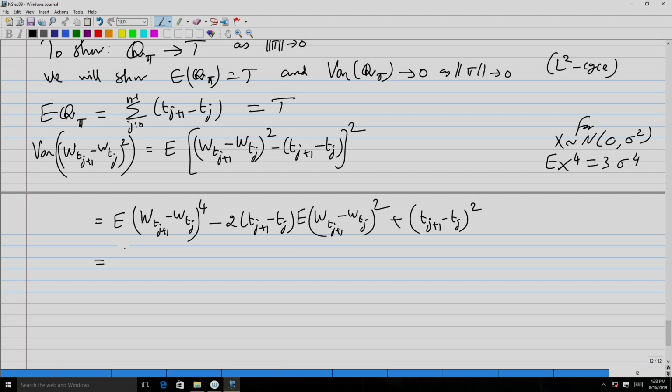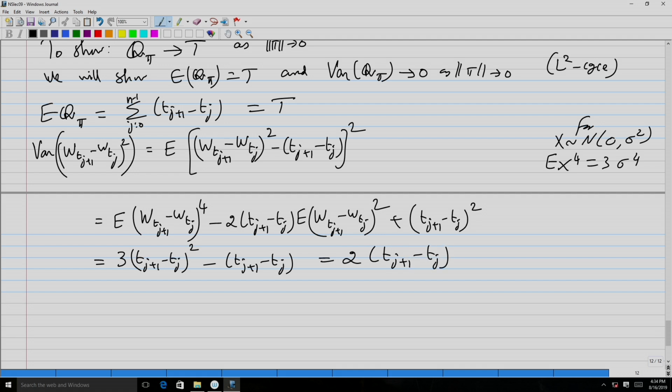If we use that, then you get 3 times (t_{j+1} − t_j)² minus 2 times (t_{j+1} − t_j)², plus (t_{j+1} − t_j)². Simplified, this ultimately results in 2(t_{j+1} − t_j)².